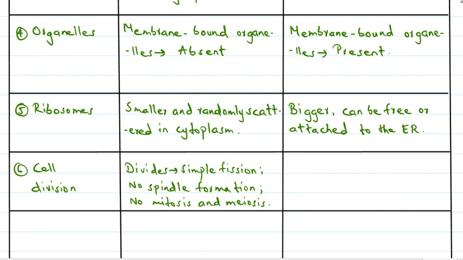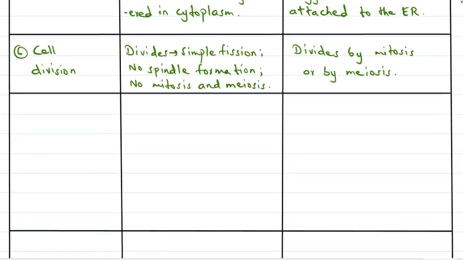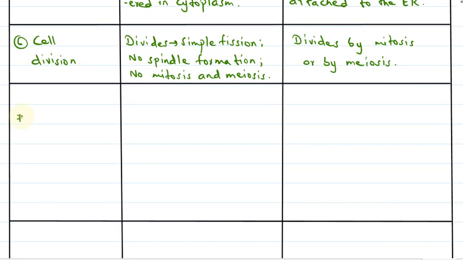Okay, whereas in case of eukaryotic cell, it divides by the process of mitosis or by meiosis.